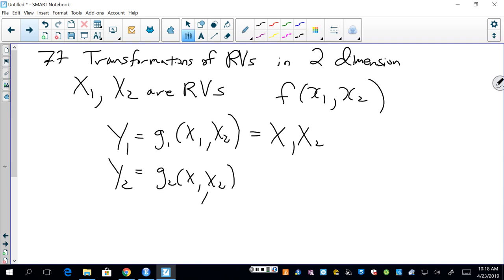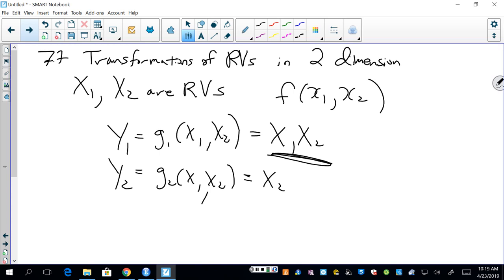If you're interested primarily in the product, one thing that is done is that y2 often gets left alone and not really changed. So we're going to find the joint distribution of these things together. One is trivially what we had before, but then we're going to integrate that out and get rid of it. And we're going to be left with this product that we really care about. But that's an example of 2 transformations.